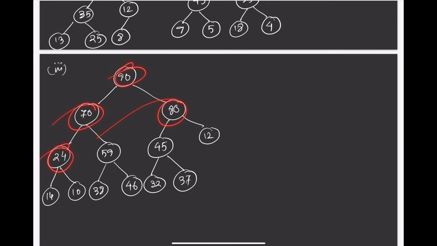Another advantage of sequential representation is that we can easily move up and down the tree, while with a linked list representation it won't be possible. We cannot directly go back to any node. If we have arrays, we can directly access any element, but in the case of a linked list, we cannot do that.